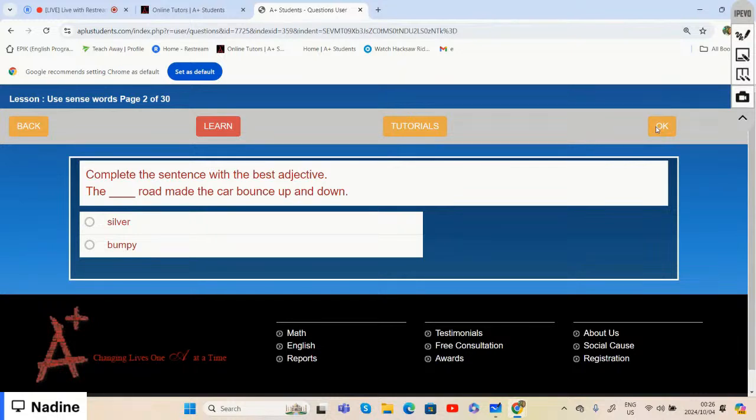Do we say the silver road made the car bounce up and down? Or do we say the bumpy road made the car bounce up and down? Which one is correct? Option one, the silver road, or option two, the bumpy road made the car bounce up and down.